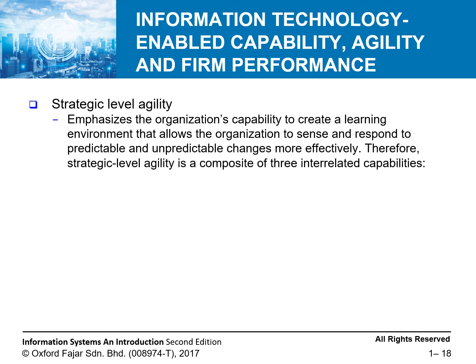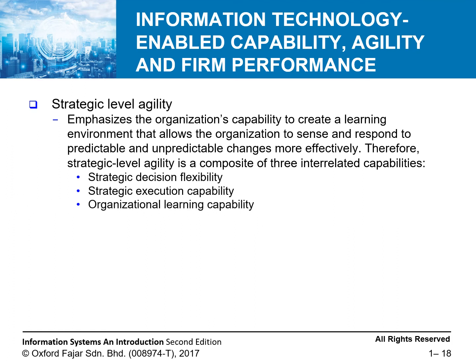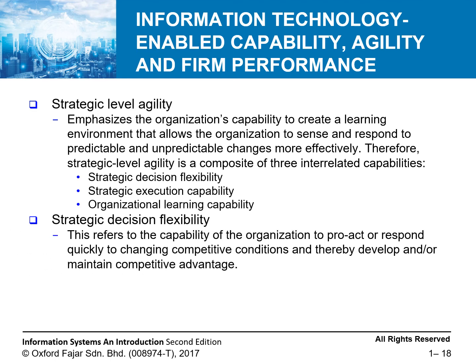Therefore, strategic level agility is a composite of three interrelated capabilities. The first one is strategic decision flexibility. Next is strategic execution capability. And the last one is organizational learning capability. So what is strategic decision flexibility? It refers to the ability of an organization to develop strategic decision choices and switch from one strategy to another.